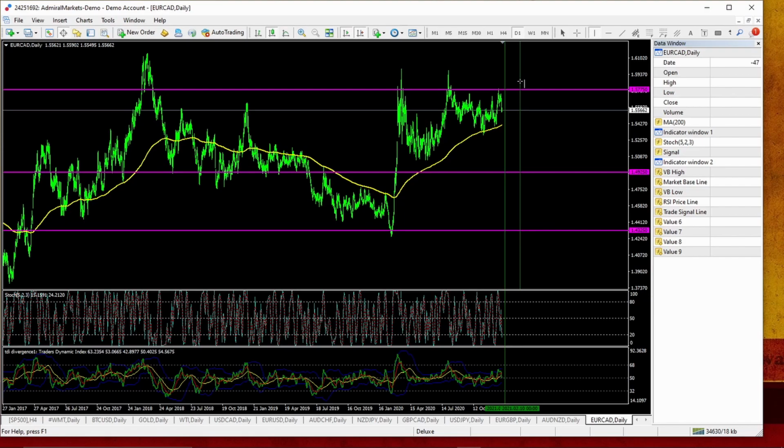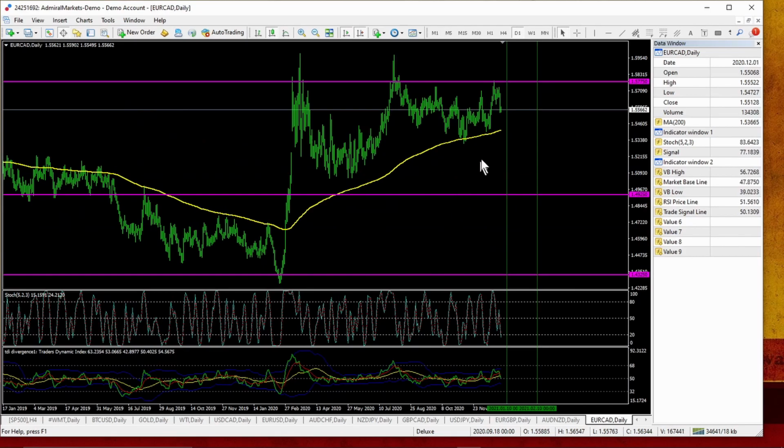Between these 2 points, we're only looking for long trades. Now, of course, with technical analysis alone you can basically find that.